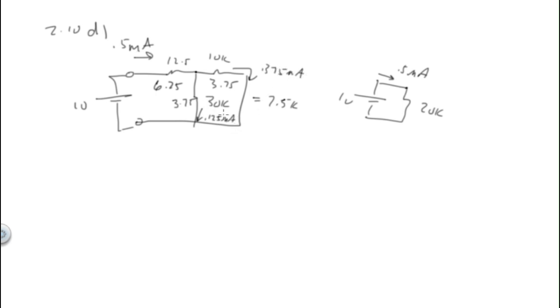Milliamps. So I have 0.5 milliamps coming down to this point. I have 0.375 going that way. I have 0.125 going this way, and they add together. So 0.5 does equal 0.375 plus 0.125, which is a check on the whole thing.